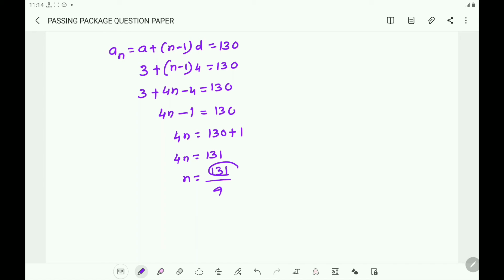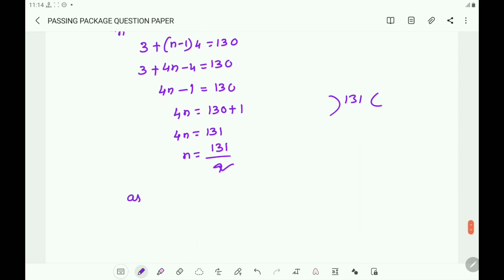So you know that 131 is not divisible by 4. If you divide 131 by 4, you know that it is not completely divisible by 4. You can't get a positive integer. You can't get an integer here.